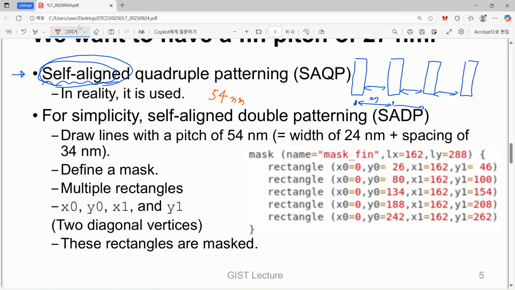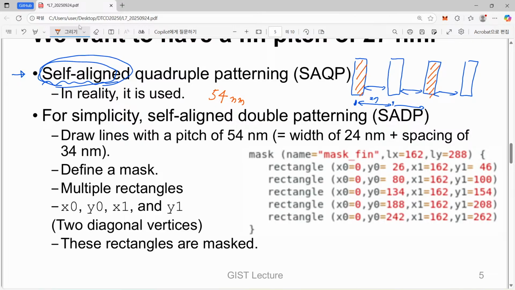So what we can try is draw this line and draw this line. Is it possible? Yes, we just assume that we can draw lines with a pitch of 54.